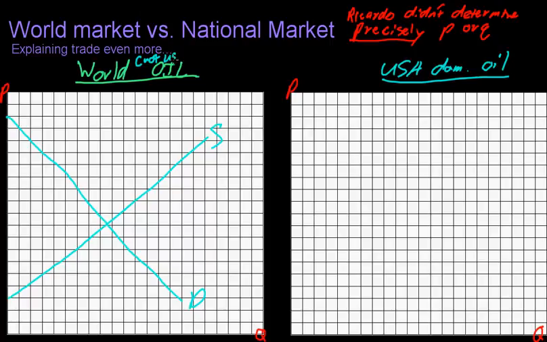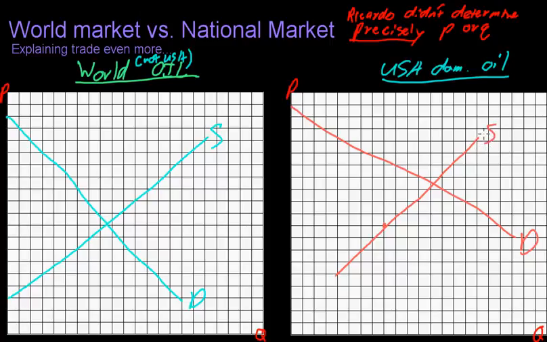So this is excluding the USA because we have the USA over here. Then we'll go over to the USA, and let's say that here is the demand for oil in the USA, and then I just have to make sure I make this line up nice and evenly. And so then here, we're going to say that this is the supply line for oil in the USA.